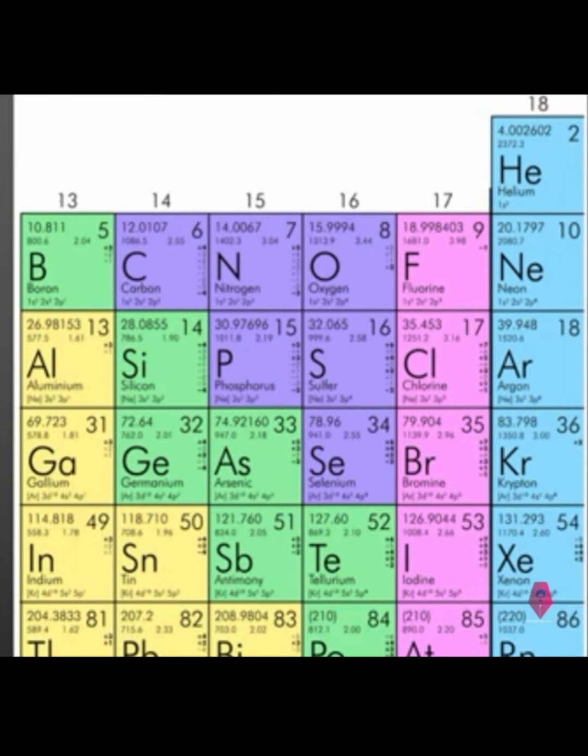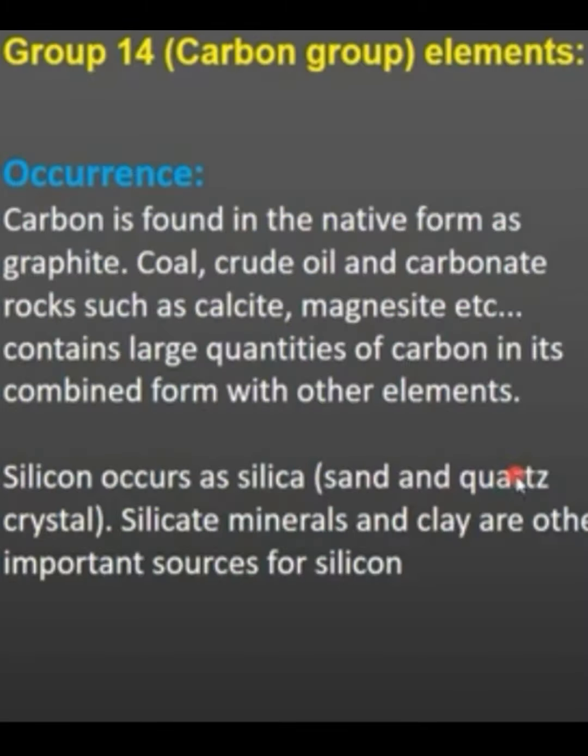So first, the occurrence of carbon. Carbon is found in the native form as graphite. Not only carbon, there are many elements in the 14th group: carbon, silicon, germanium, tin and lead.